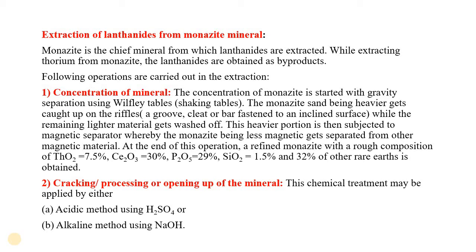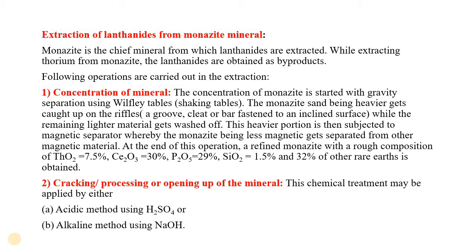magnetic material. At the end of this step, the concentration of the mineral, a refined monazite from which most of the impurities have been removed, is obtained, with a rough composition of thorium oxide 7.5%, cerium oxide 30%, phosphorus oxide 29%, silicon oxide 1.5%, and 32% of other rare earths.